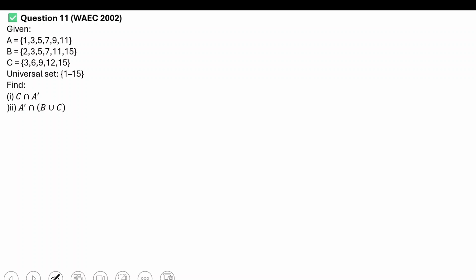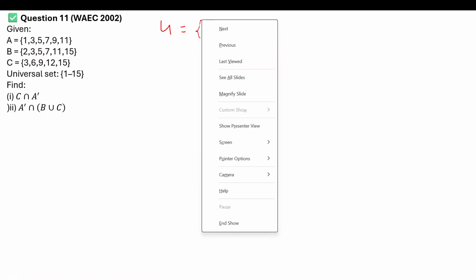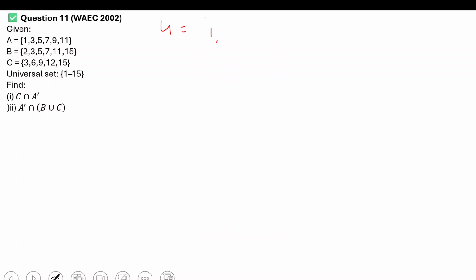C intersect A prime. So the first thing we'll do is to list the universal set. The universal set is given as 1, 2, 3, 4, 5, 6, 7, 8, 9, 10, 11, 12, 13, 14, and 15.